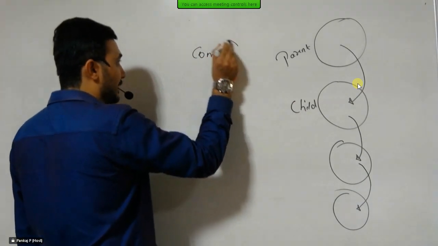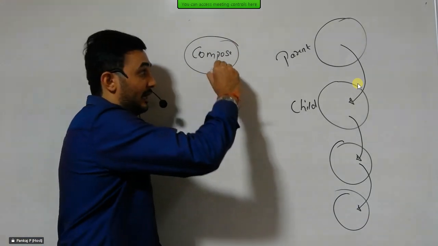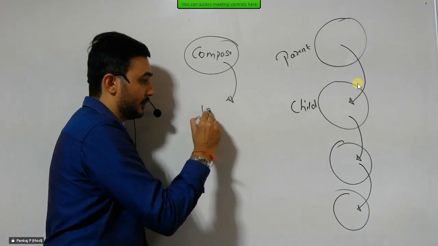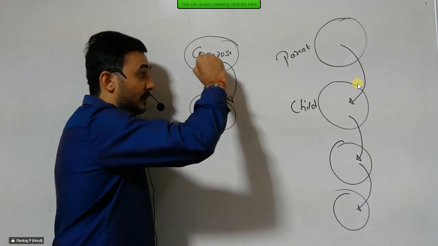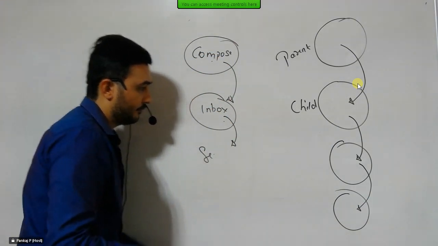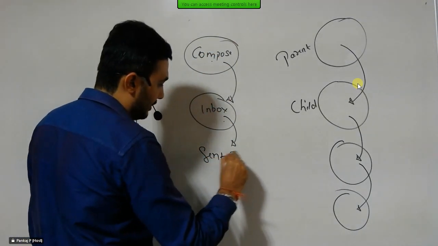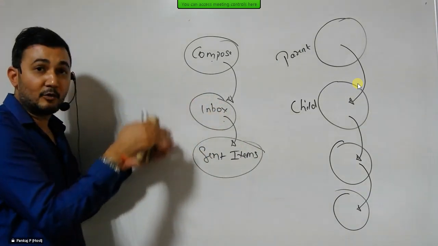For example, if you look at the same Gmail application, I will compose an email. Now when you compose that email and send that, you will check that in inbox, which is the child feature. So from compose to inbox and inbox to sent items. Agreeable? Am I checking the data flow like this?